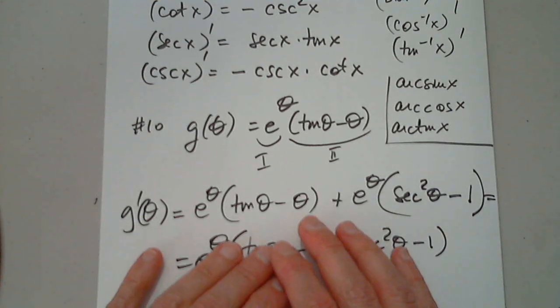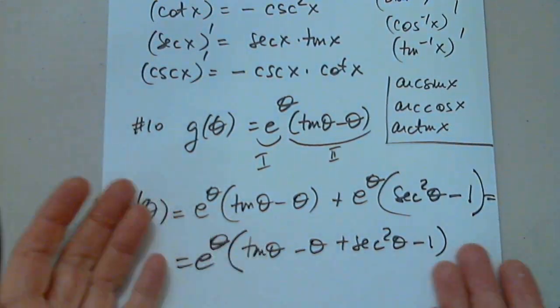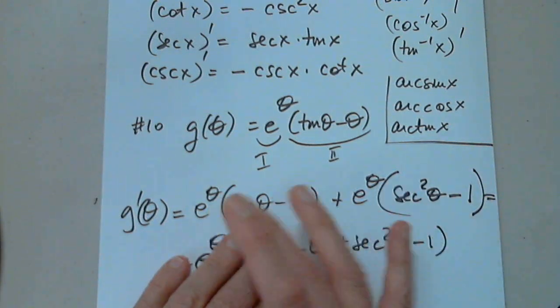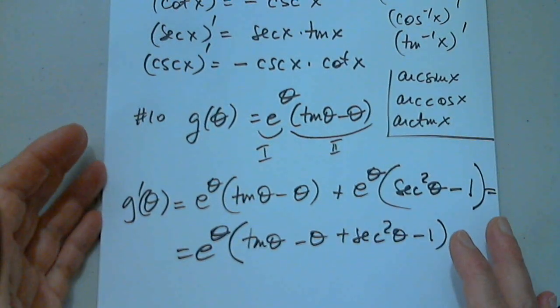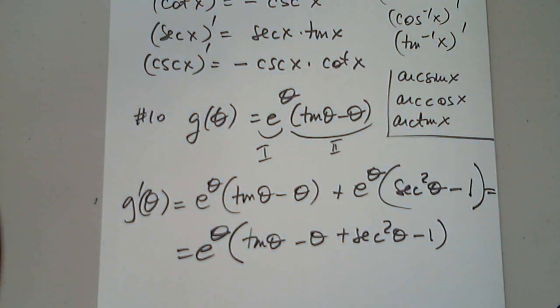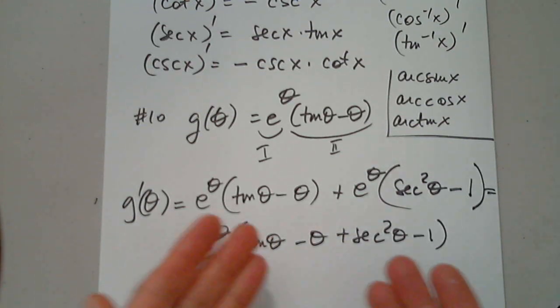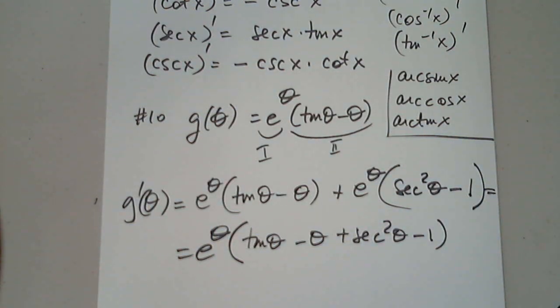But here, for example, it's really not simplifying, because there is nothing much I can do other than just factor out e to theta. So from algebra skills, when we look at something like this, we should say, well, okay, I can factor out e to theta, but it's not a big deal because we can't do anything else, really.